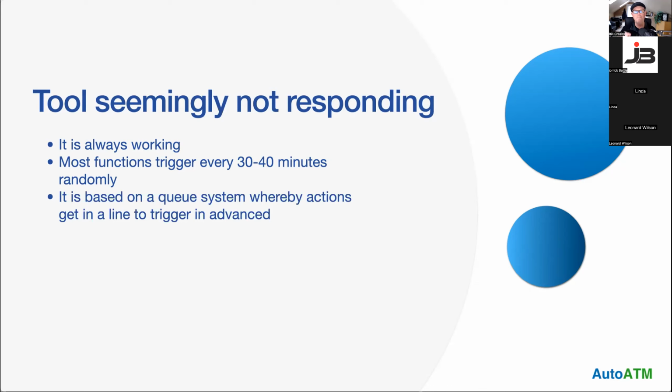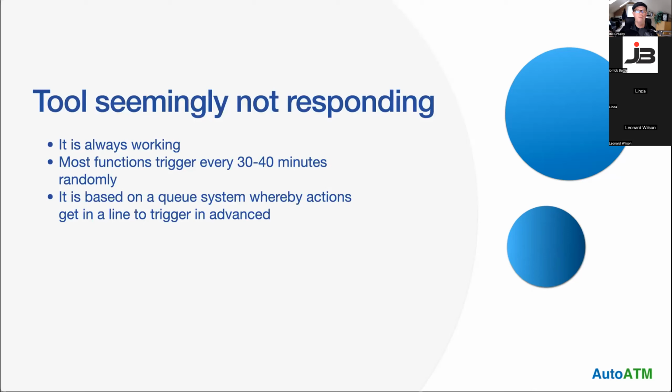It is based on a queue system, where actions get put into a line and triggered at some advanced point. We don't actually trigger more than 3 messages in any 30 to 40 minute period. It's always one intro message and follow-up messages if they're in the queue. If they're not in the queue at that point, it'll wait until the next 30 to 40 minutes to send those follow-ups.